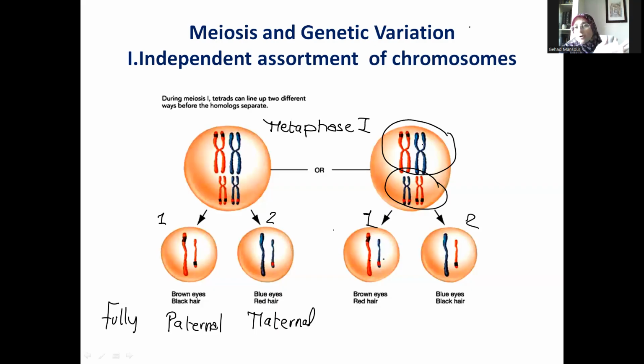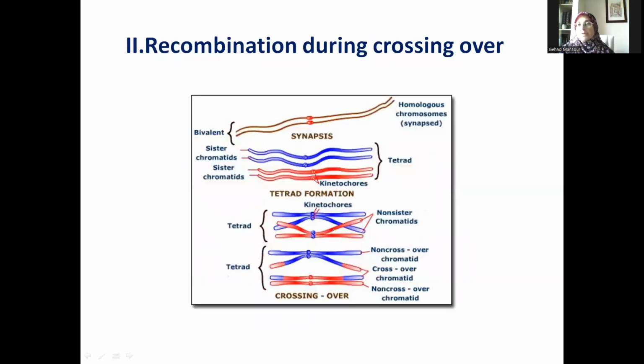You are not all your dad or all your mom. So independent assortment of the chromosomes, which occurs during metaphase 1, is one important cause of diversity.